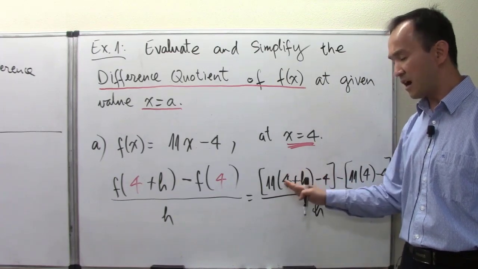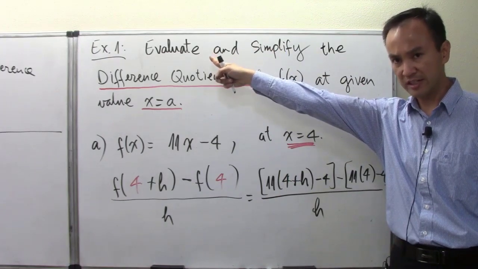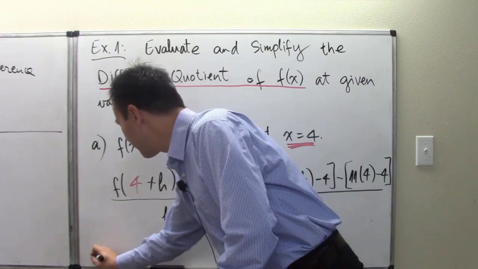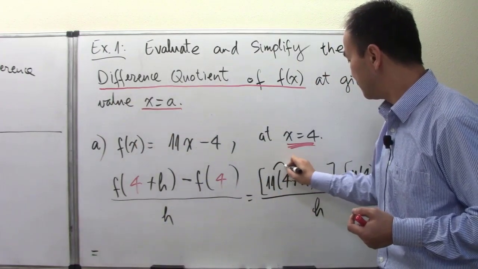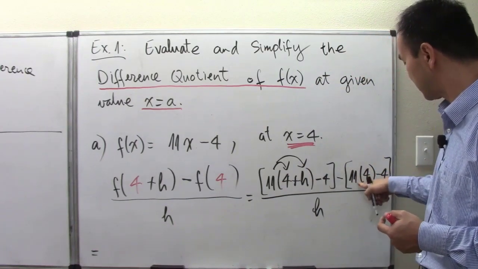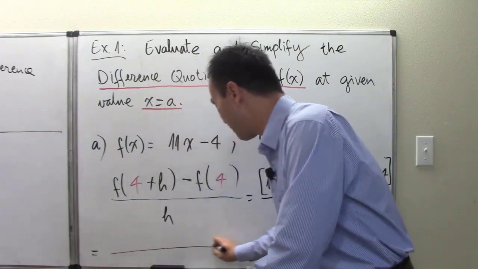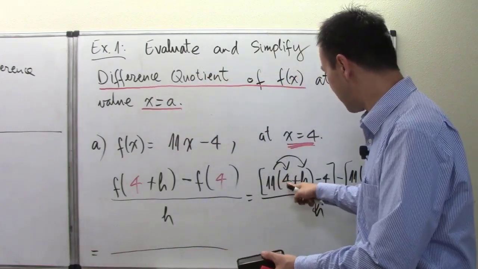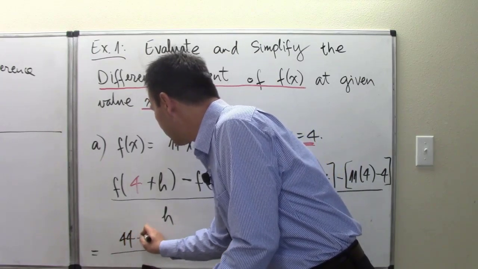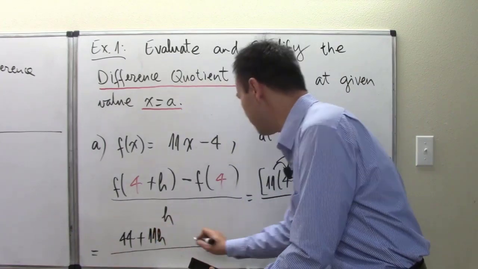Now the next step is to simplify. Evaluation is now done. Now let's simplify. In the next step, I am going to simply multiply out that 11. In this group it's going to be 44 minus 4. We will get to that one by one. So 11 times 4 is 44, plus 11 times h is 11h, minus 4.